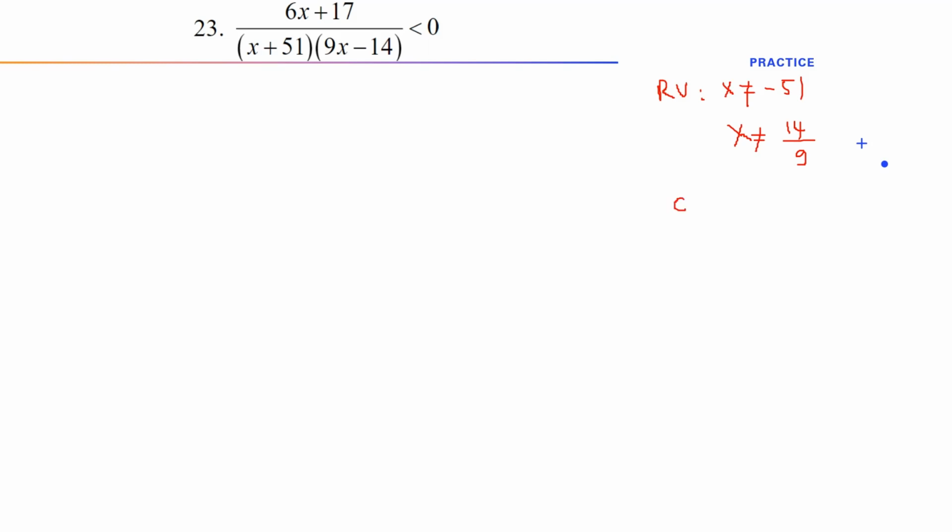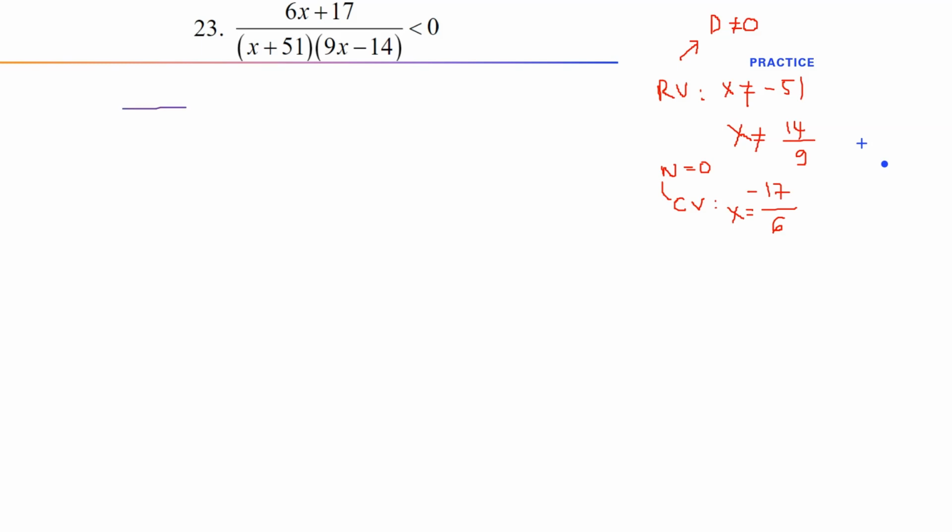And then the critical value will be negative 17 over 6. We have the restricted values because we know that the denominator has to be different from 0. And then the critical value is when the numerator is equal to 0. Okay?